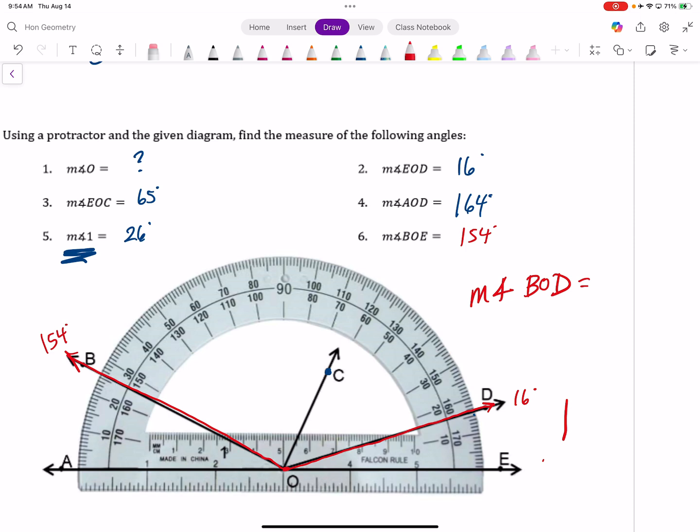Oh, I'm looking at my notes from years past where I'd written on them, and I had 164 minus 26 as my work for doing this angle. What in the world was I doing? Anyway, it's the difference of 154 and 16. So 14 minus 8, 4, 3, 138. Absolute value of that, so it's 138 degrees.